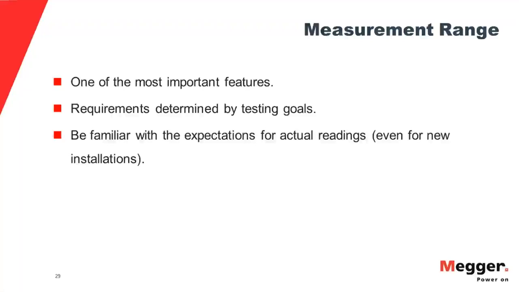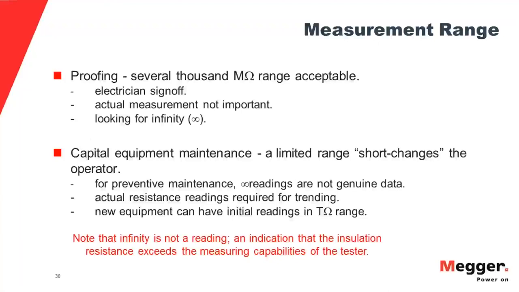And that leads us to the two basic divisions between test instrumentation capabilities and the goals of testing. There is simple go, no-go testing, where all you need to do is determine whether something is good or bad. This would be like an electrician signing off a job.